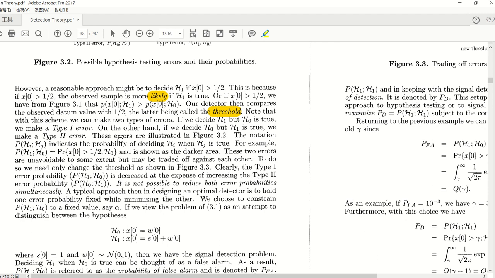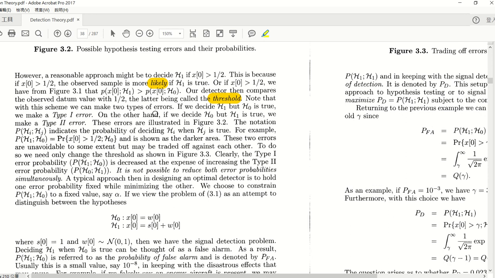But again, in digital communications, the name itself is not important. The error is important, but the name is not that important. The issue is that we want to make mistakes as few as possible. So for example, how does this happen?